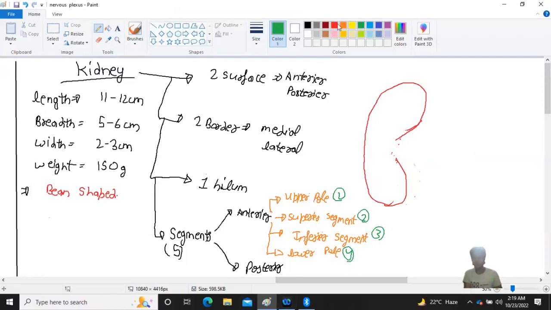So how does it form? Above the kidney we know there is a gland called the suprarenal gland. This is the suprarenal gland, and here is the division. This is the upper pole, the superior segment, inferior segment, and the lower pole.